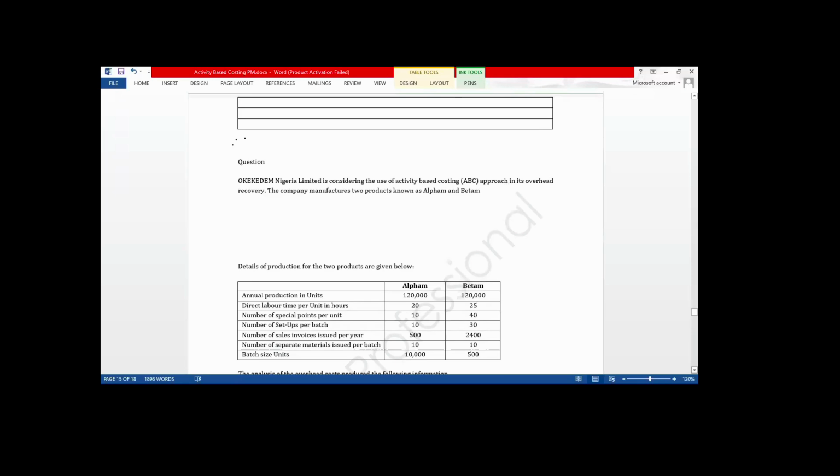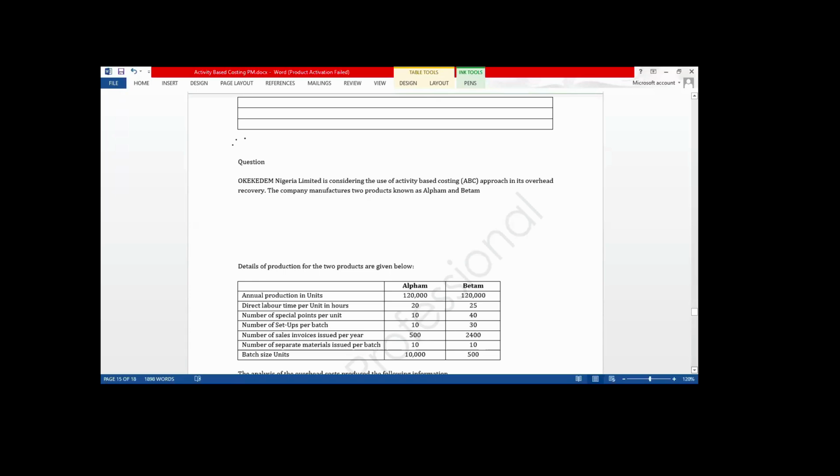If you multiply 5 by 24,000, it will give you 120,000. Direct labor time per unit in hours, 20 for AFAM, 25 for BITAM. The examiner multiplied by 5.